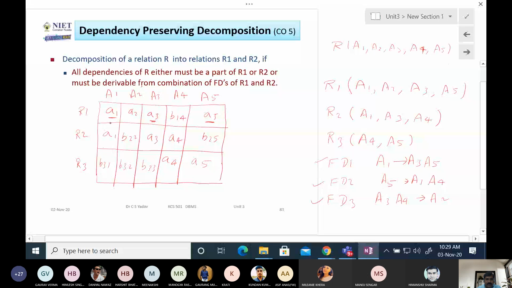For these 2 rows, this is also A1 and this is A3, and here this is A5, so this will be replaced by A5. Did you get it? Hello? Yes, sir. Please solve this.